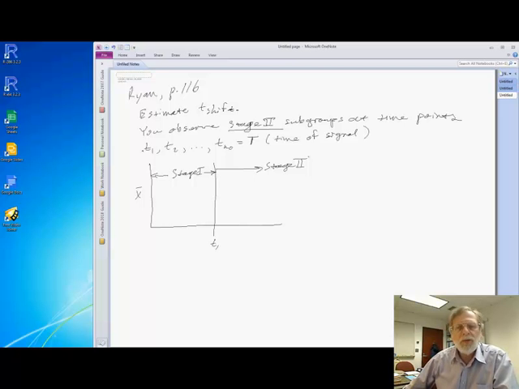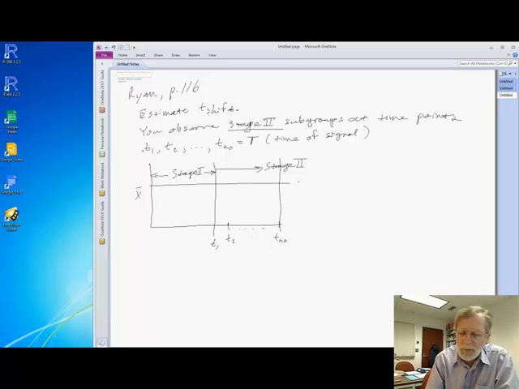But things could have gone bad on the first subgroup in stage 2, unbeknownst to you. So you monitor along, and at T sub n0, that's when things went bad, and you got signal.